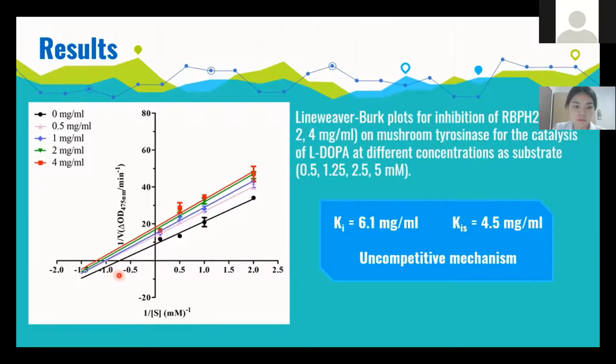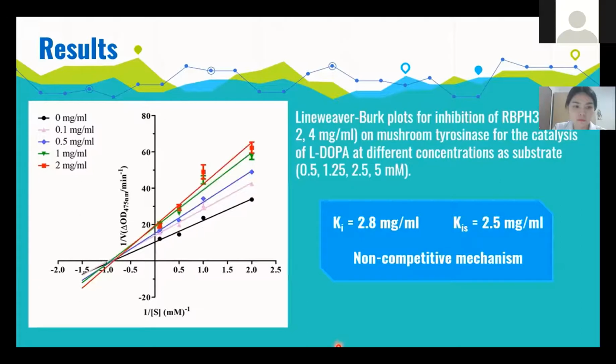The results suggest that the type of inhibition of RBPH2 on mushroom tyrosinase is an uncompetitive inhibitor. The inhibition constant for the free enzyme, or Ki, is 6.1 mg per milliliter, and the inhibition constant for the enzyme-substrate complex, or KIS, is 4.5 mg per milliliter.